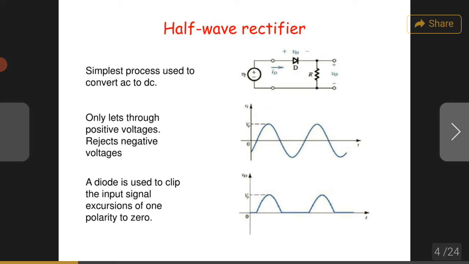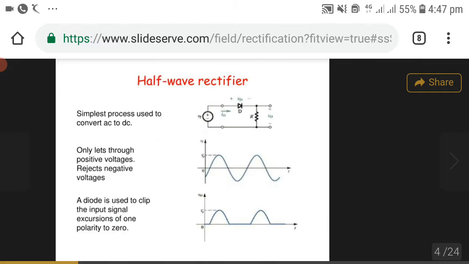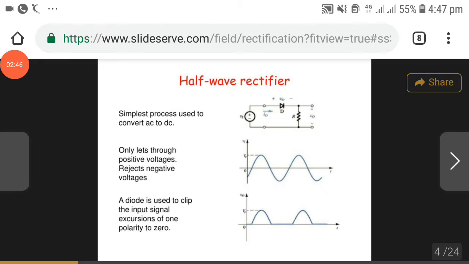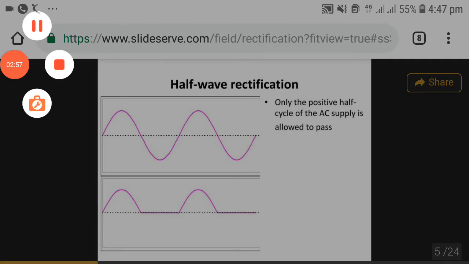In the positive half cycle, the diode D is conducting, and in the negative half cycle, the diode D is off, so we get output only in the positive half cycle. This is the half wave rectification process.